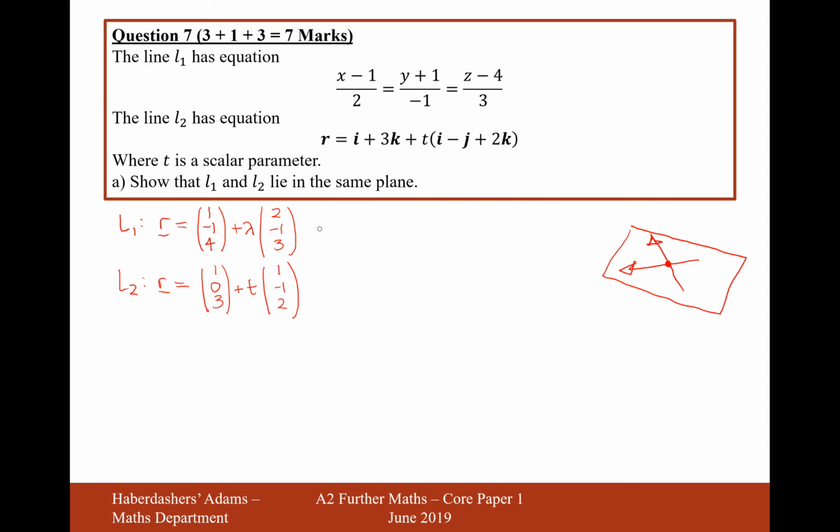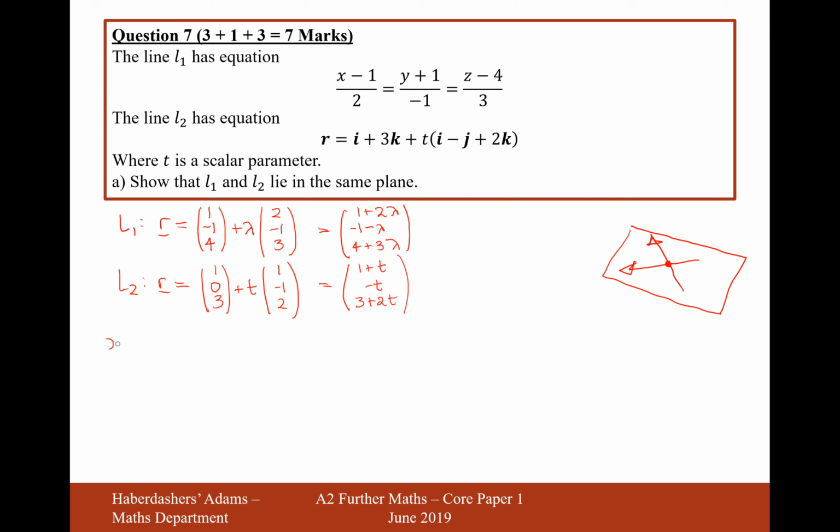So let's refer to the top one now as 1 plus 2 lambda. The second one would be minus 1 minus lambda, and the bottom one would be 4 plus 3 lambda. And on L2 it's going to be 1 plus t, minus t, and 3 plus 2t.